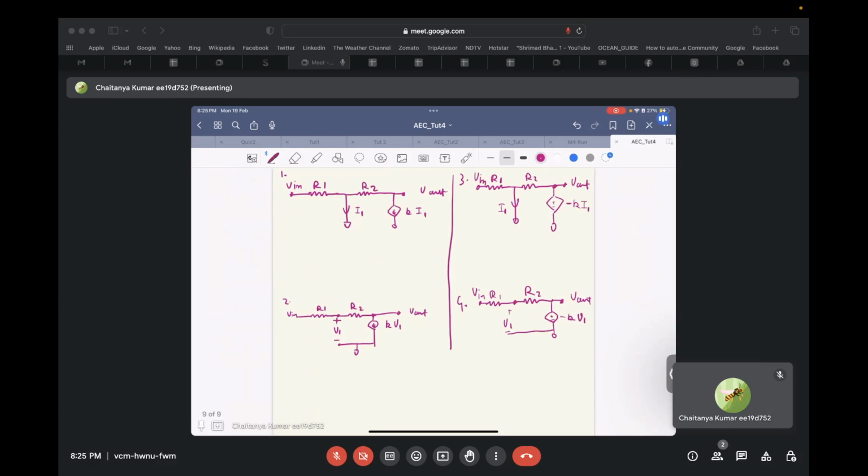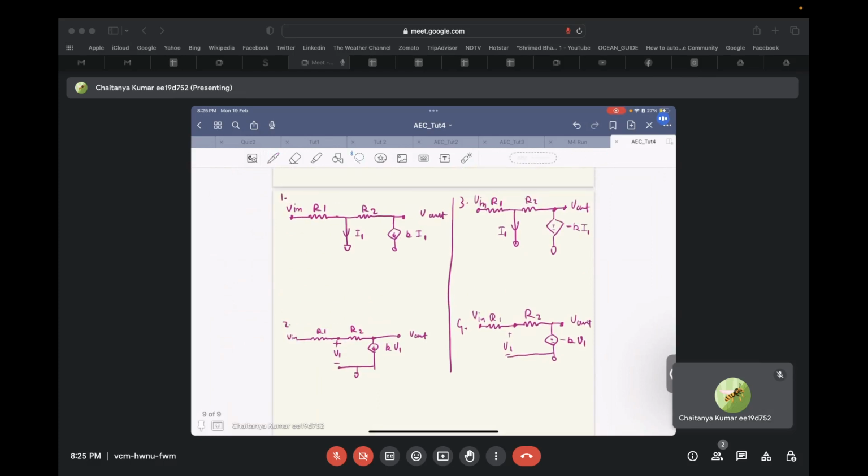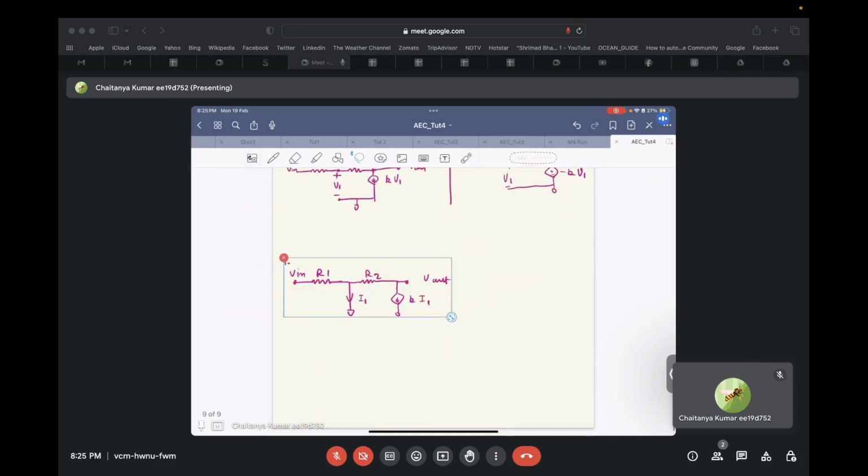So let's start from the first circuit. As we can see, a current is being sensed, and a current is being pushed into the circuit as well. So this is a circuit based on a current controlled current source.